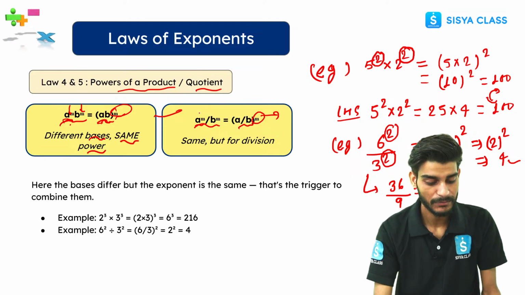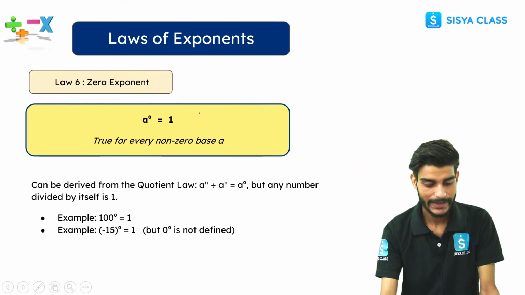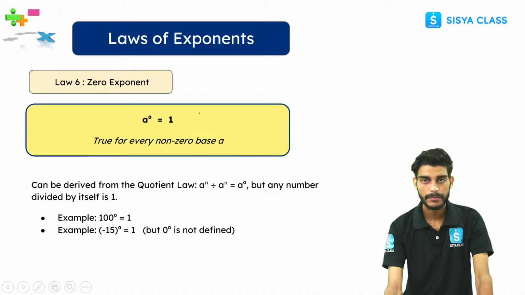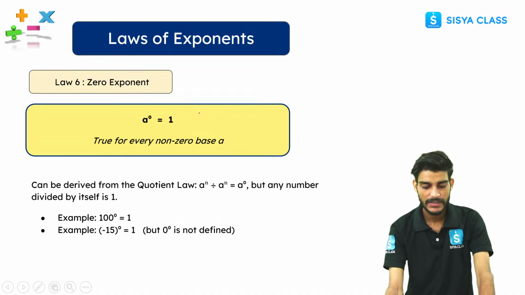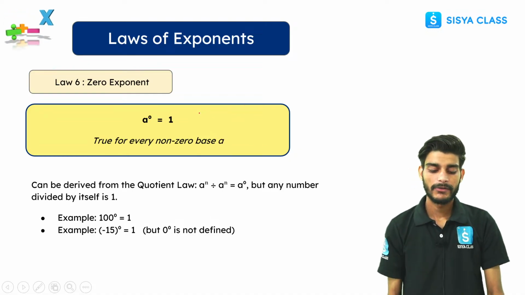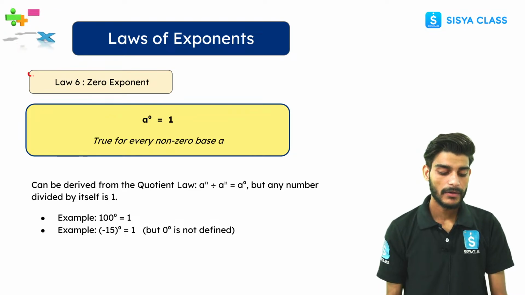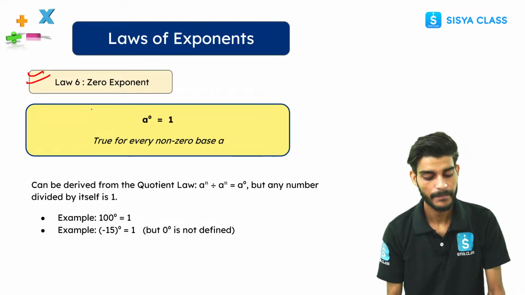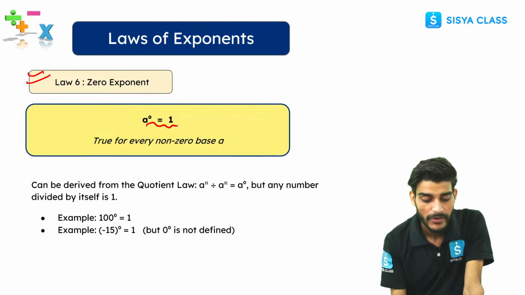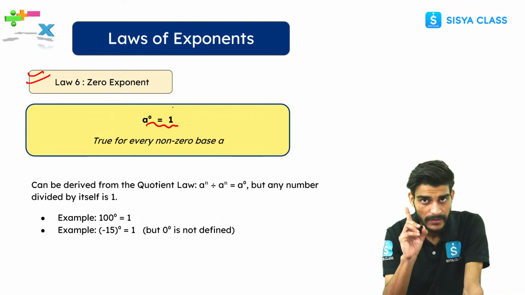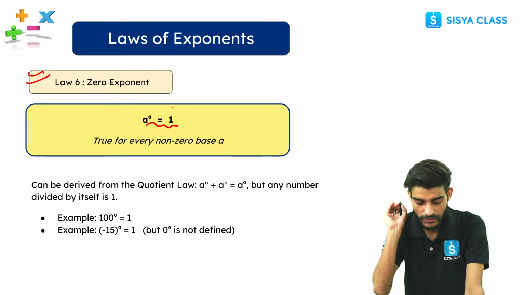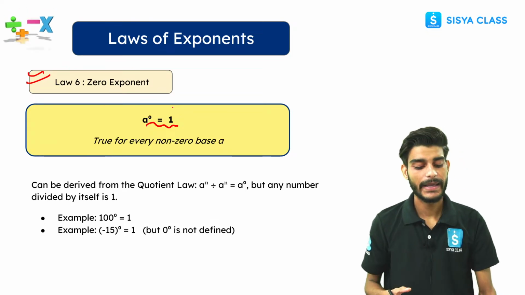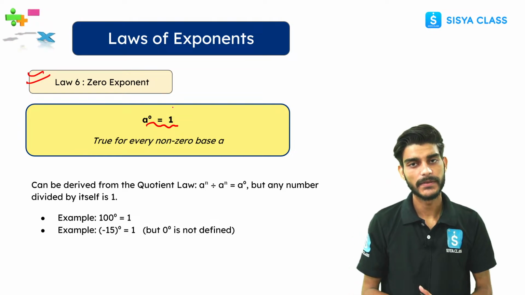Okay, let's move to the last law, and that is the zero exponent. Now this is not a separate law. We can prove it with the help of the quotient law. See how? a raised to the power 0 is always 1. Just remember, a raised to the power 0 is always 1. What is a here? a can be any non-zero number.